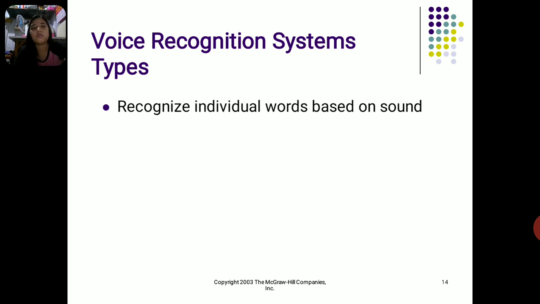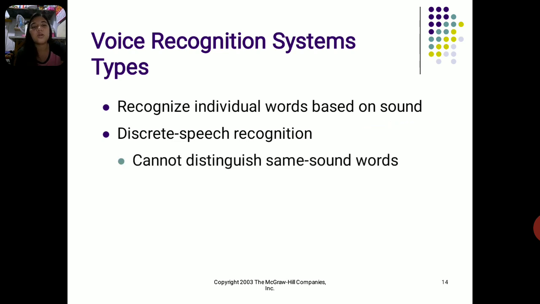That is the voice recognition system. So, discrete speech recognition. When you use this device, you need to be clear, because only the speech it recognizes is what the input device can recognize. So it cannot distinguish words with the same sound. It gets confused. The program of the input device can only detect one at a time, and it cannot handle many different sound words that are not very clear.